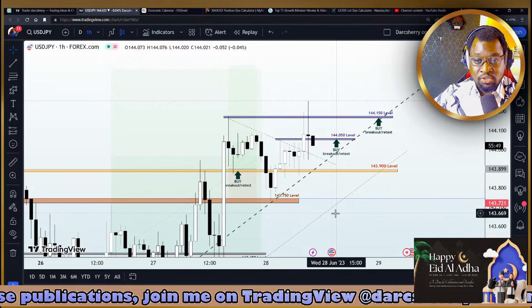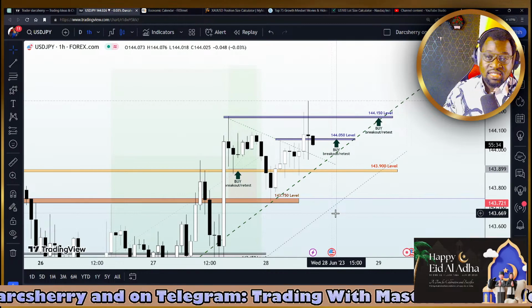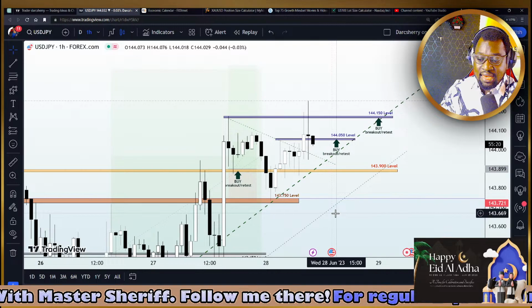Once price moves in our favor, we move all our stop losses to break even, or move them further to the upside if price action continues to climb key levels. So that is what securing your position actually means. I hope I made myself clear. Richard, let me know in the comment section if that was well explained.